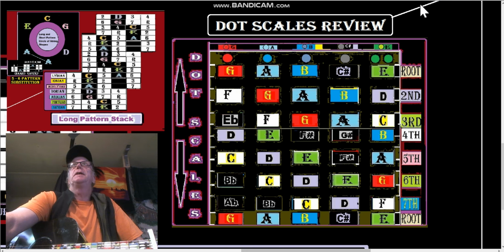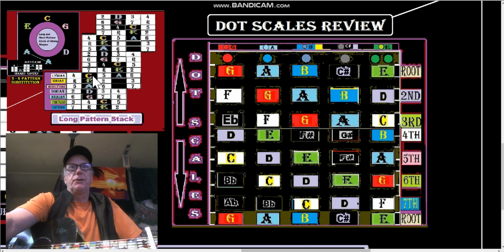Now this line coming in here, dot scales review, goes off the page and comes back in here, so it's like min terms and max terms in matrix algebra. So the G dot, if we consider it the root, we're in the key of G. If we consider the G dot the 2nd, we're in the key of F.